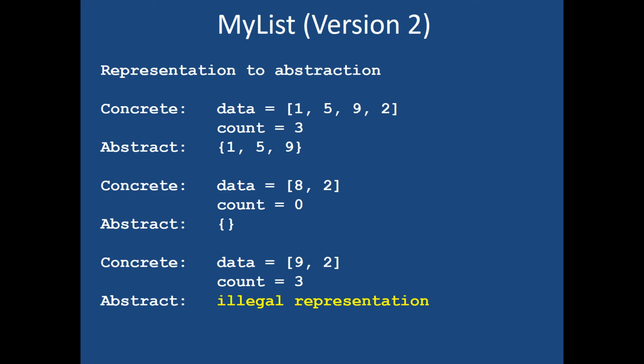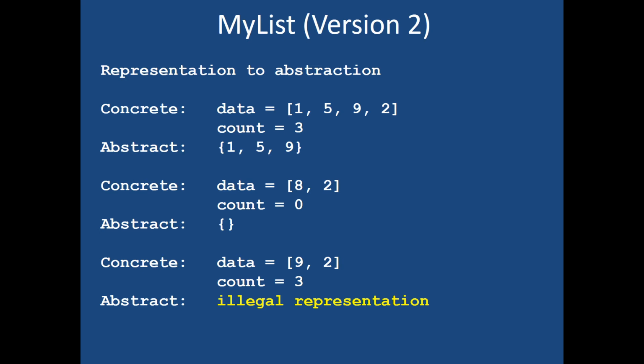Your code is going to have to add 1 to count, and then double the length of the array and put a 7 in it. So temporarily inside the method, you might get a case where count has been incremented, but data hasn't been expanded yet. And that's okay. It's just that when the method returns, everything needs to be balanced.